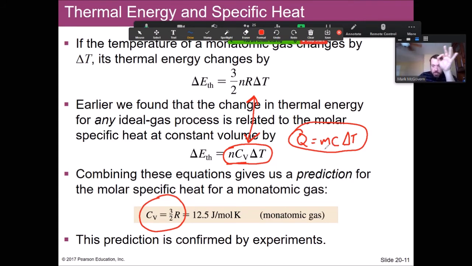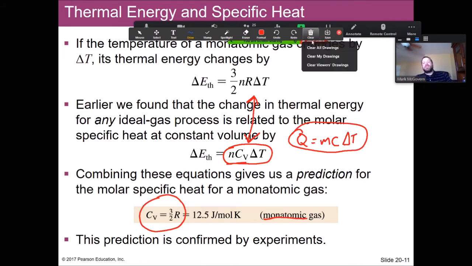But if you have joules per mole per Kelvin, then the CV is very predictable. It's 3/2 R. You got to remember this. Monatomic gas, and if we impart heat to the monatomic gas, how do we calculate the temperature differences? Well, we do it through this expression in the middle here, and we know what CV is, 3/2 R.